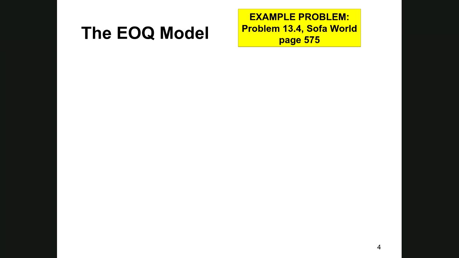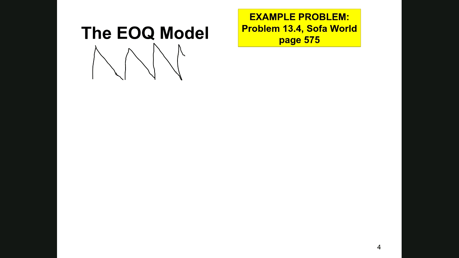Okay, the next thing that we want to determine is the following. The optimal time between orders. So let's think about our model. Here's our sawtooth model, if you will. The lines are not very straight. But we know that in this particular situation, in a year, we have one cycle, we have a second cycle, and then we have a third cycle, and then we have part of another cycle in that year.